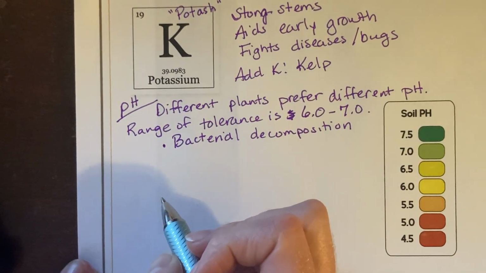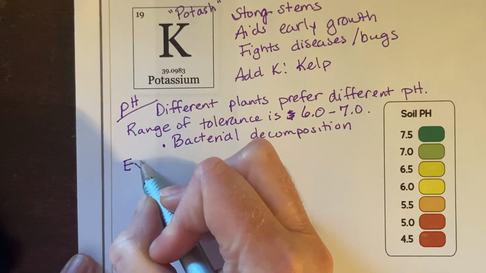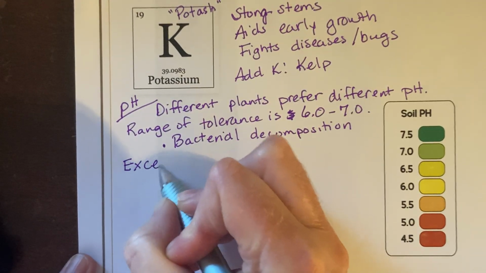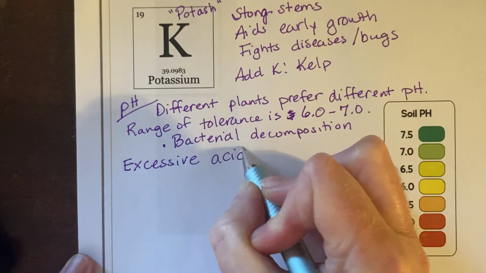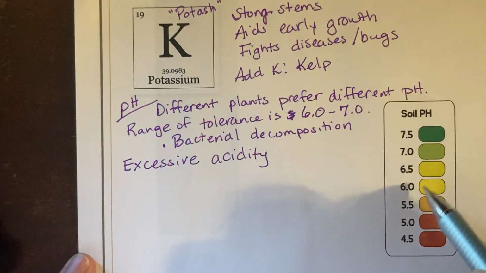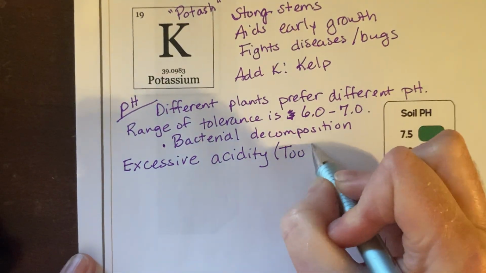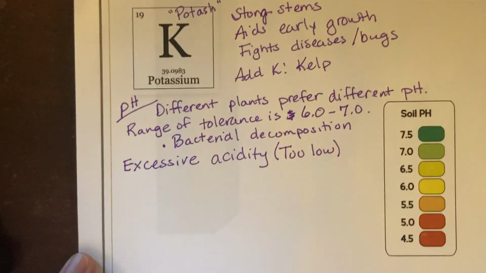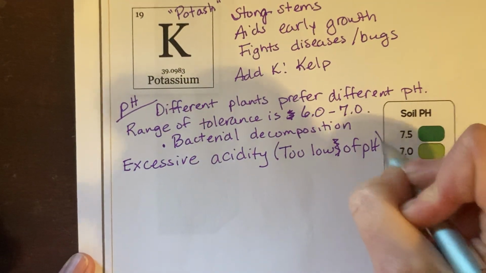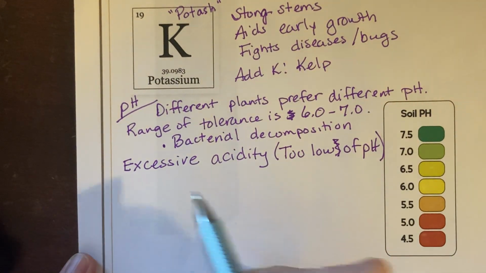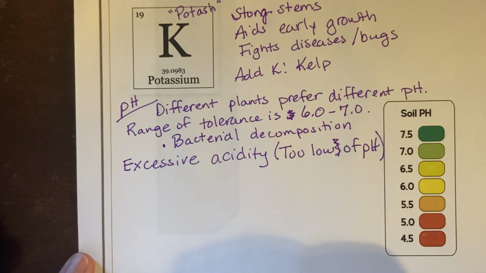Okay, so what happens if you have too much acidity? Excessive acidity means your soil pH is too low. Too much acidity makes it lower on the pH scale.